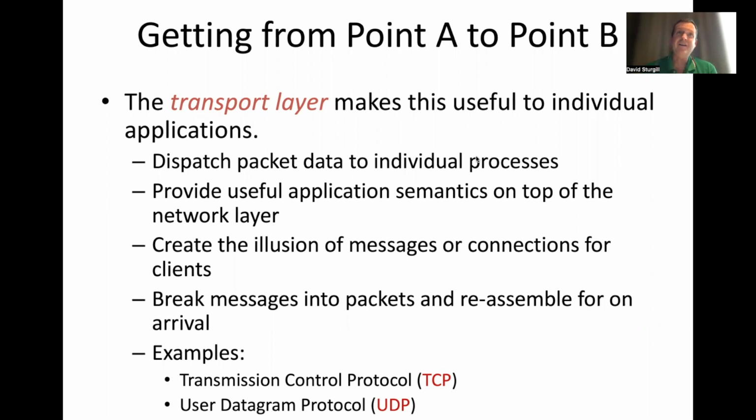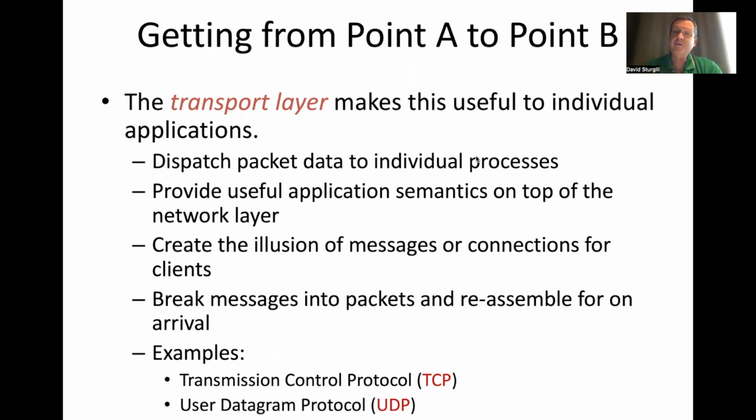It takes packets and it includes some additional header information so that we can tell which application should get them. Every application running on a system can have a unique port number. That's a 16-bit port number. And when you send out a packet, you can stamp it with the port number for the application that should receive it. And then as packets arrive, the OS knows which application to give them to.